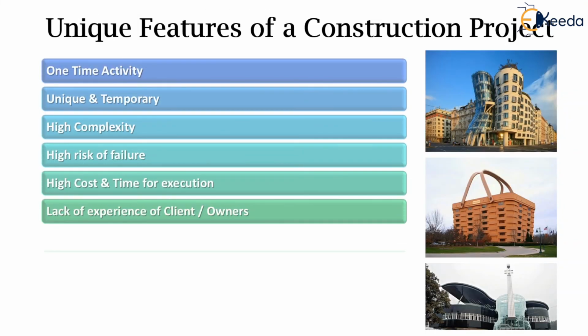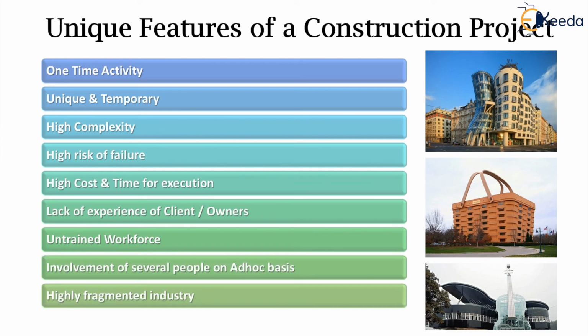So what are the unique features of a construction project? A construction project is always a one-time activity. That is, it has to be performed correctly the first time and every time. Also, a project is unique and temporary.